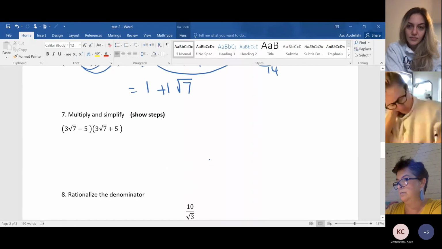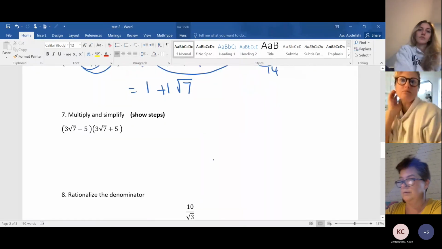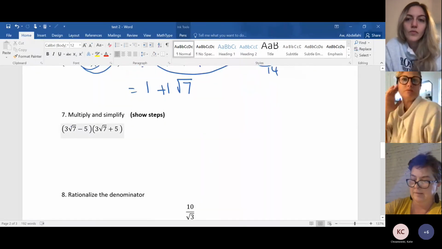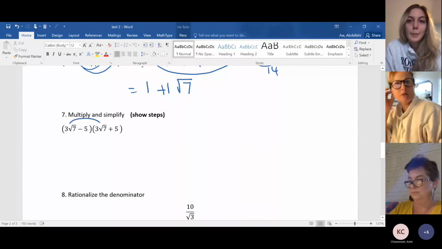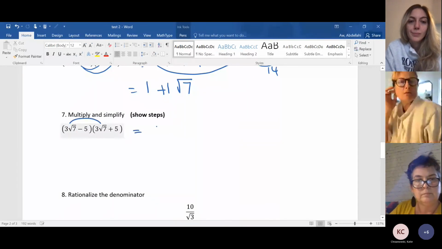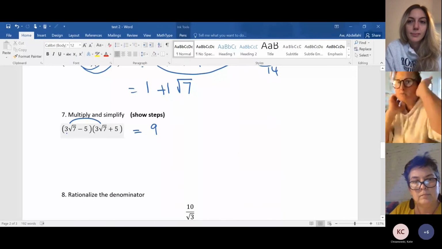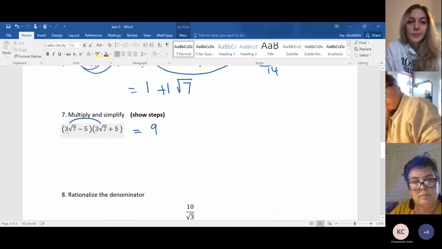And the next one is kind of the same thing. These two together is 9, which comes from 3 times 3, right? And then root 7 times root 7 is just 7, so 9 times 7.